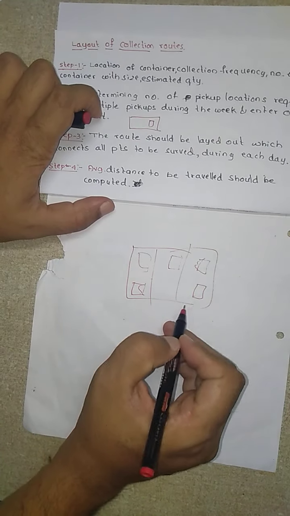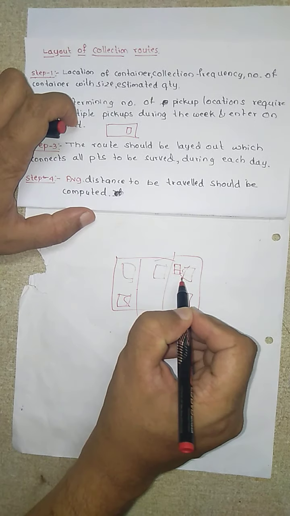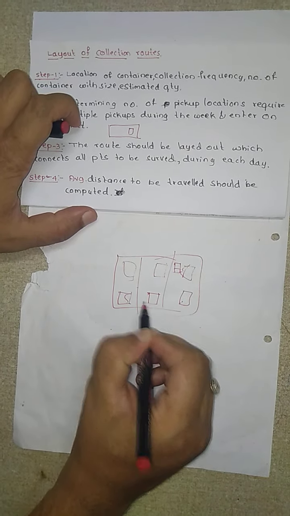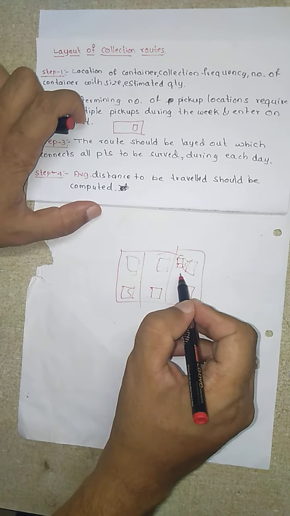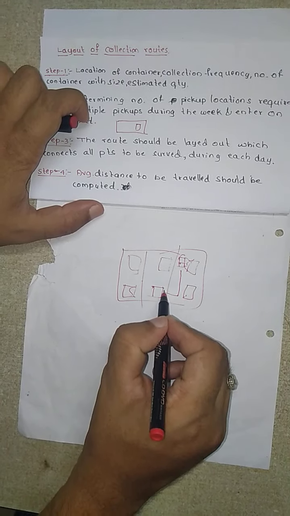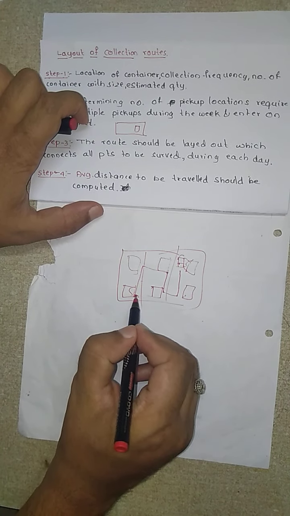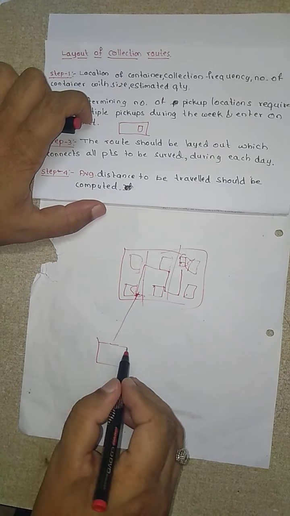Now we should plan the movement of the collection vehicle such that all pickup points are covered. Once the vehicle starts from its starting point, it should cover all the locations, and ultimately after covering all the locations, it should reach the disposal site.